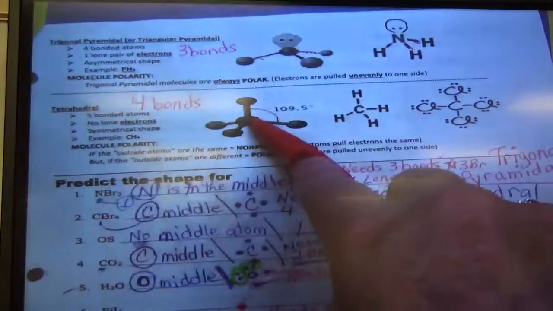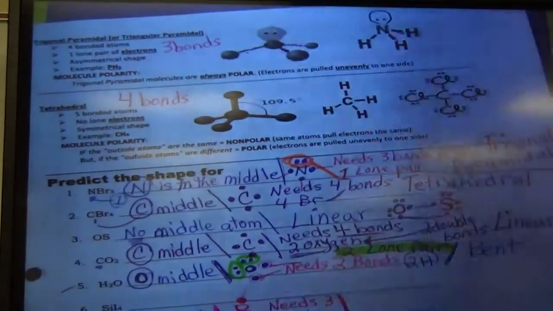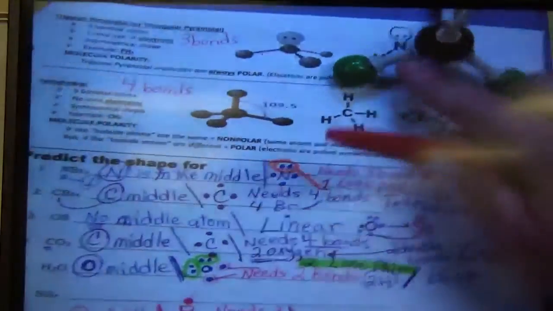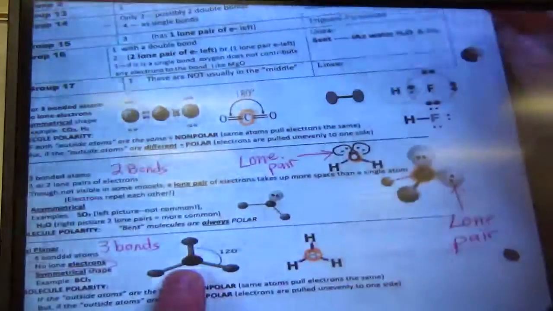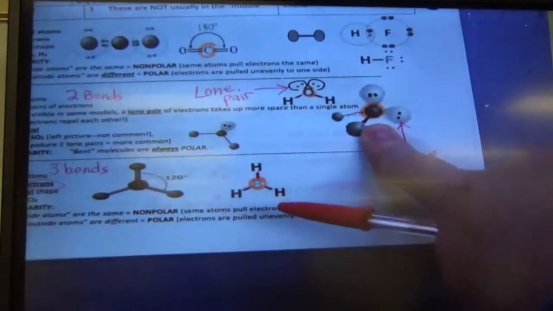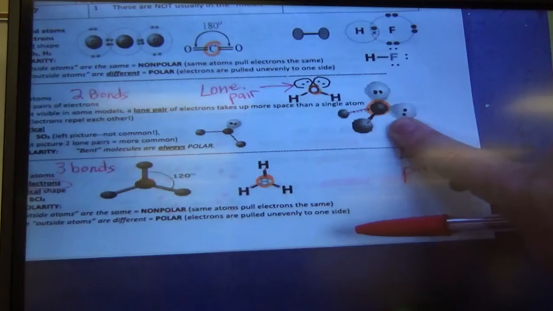Let's look. This one had 4 bonds. Forget that one, that's already gone. This one has 3 bonds, so I can save that for a moment. Here, this one has 3 bonds, right? I can save that one for a moment. How many bonds are in this one? 2. Does that work?